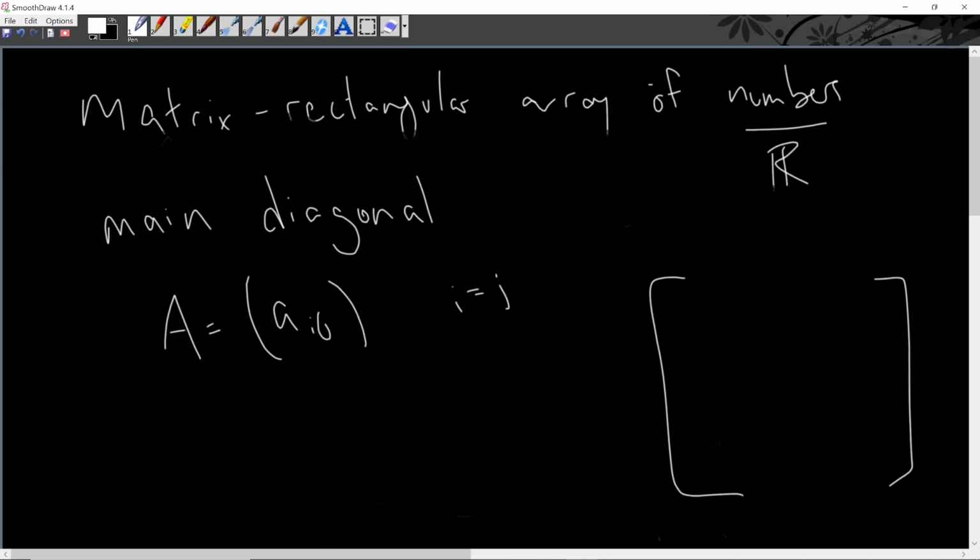You have 1/2, 1/3, 1/4, and on, and this will be an infinite matrix, right?